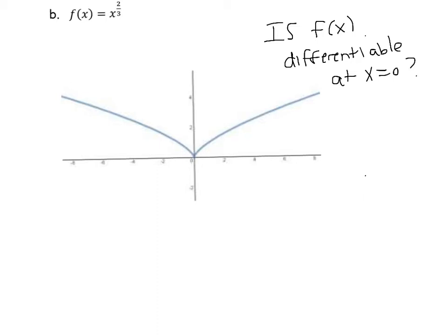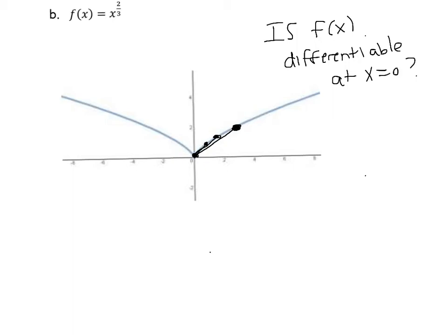Well, this time let's actually start with the visual analysis. I'm going to plant my point there at 0, and I'm going to put another point there. Now, I can draw a secant line, and the question is, what's happening to the slope of that secant line as I start moving the point closer and closer?